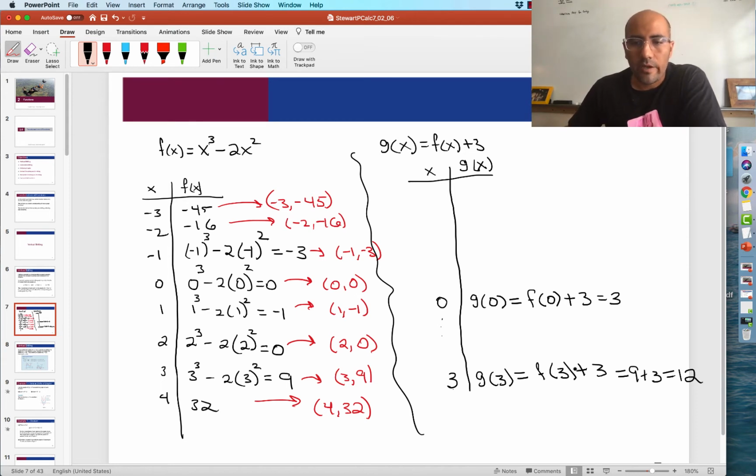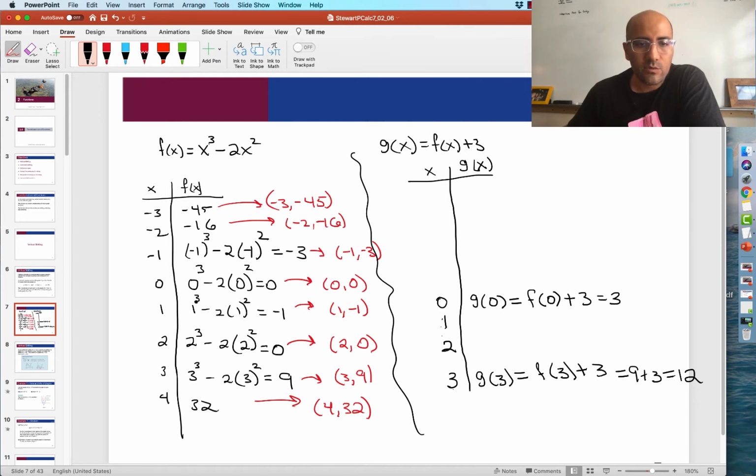Good. Okay, well, obviously, what happens is whenever we evaluate the g function at any input value, we're going to get the same output value as f, but then we add 3. So it makes sense that we can just skip some of those middle steps and just add 3 to this output, right?